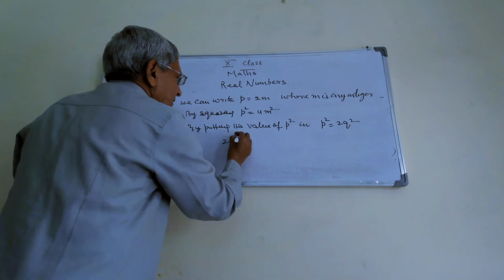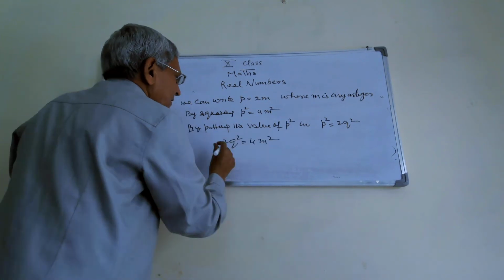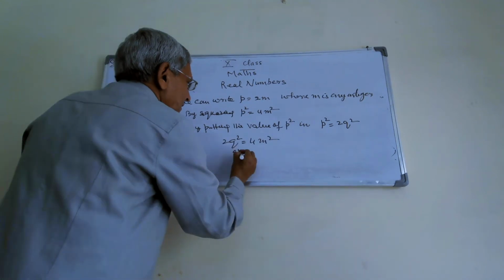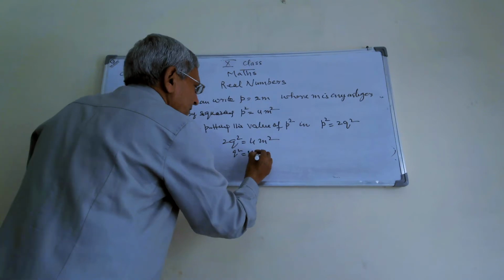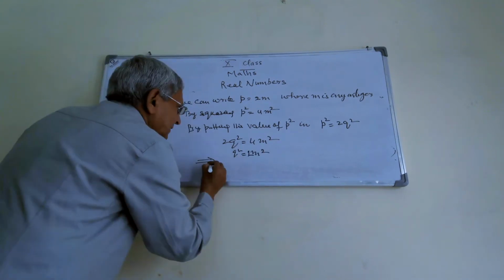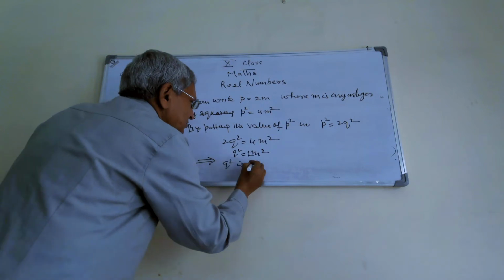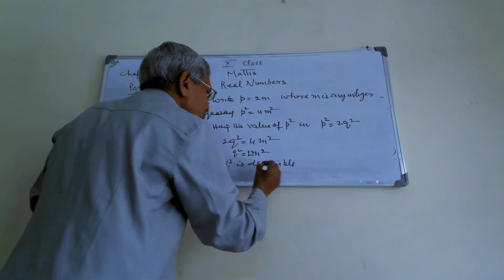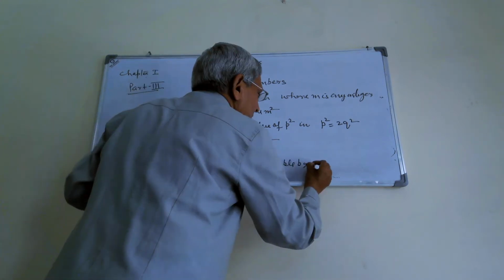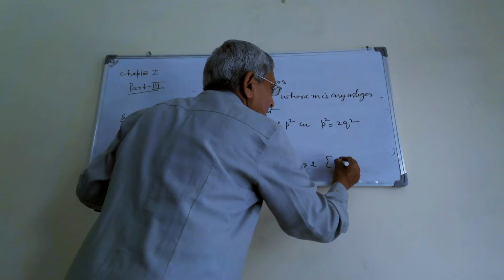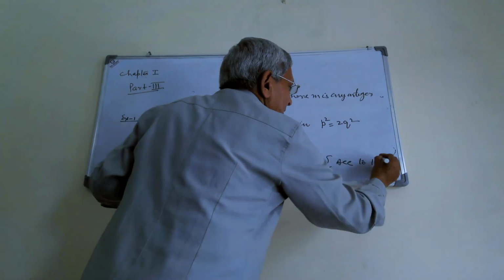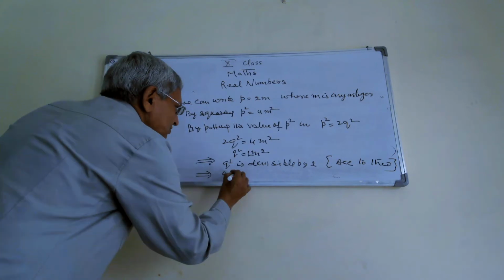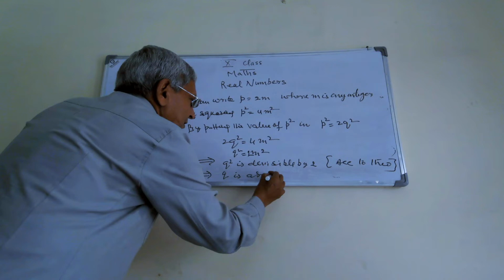So 2q square is equal to 4m square, and q square is equal to 2m square. This implies q square is divisible by 2 according to the theorem. This implies q is also divisible by 2.